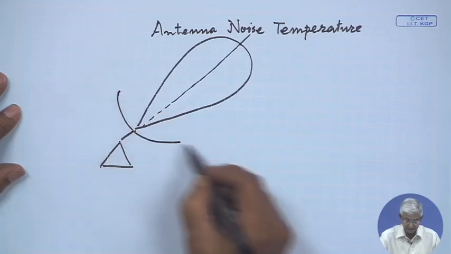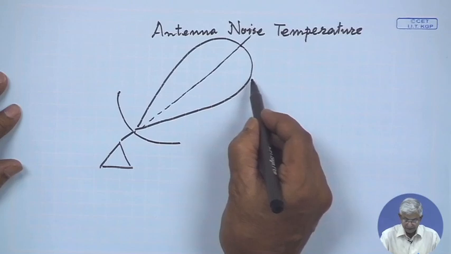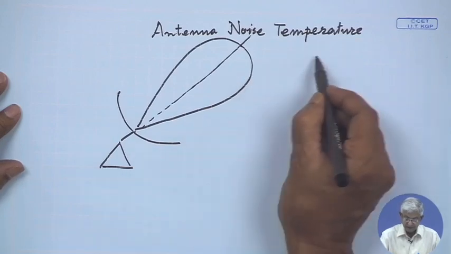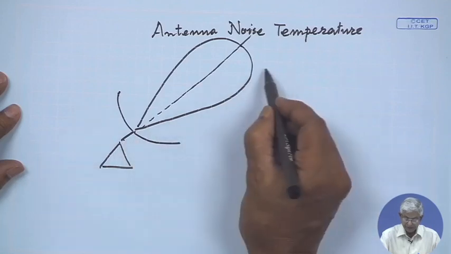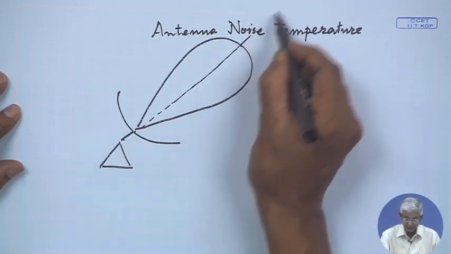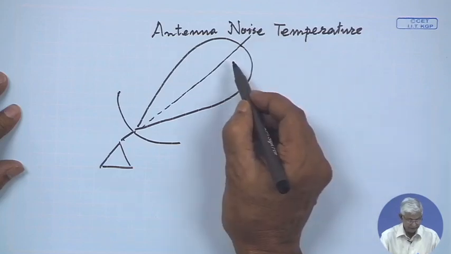In this case, I have shown a parabolic reflector antenna. Gain is reduced means that whatever signal or power comes in this direction, the antenna output will receive less compared to what it receives on axis at maximum gain.